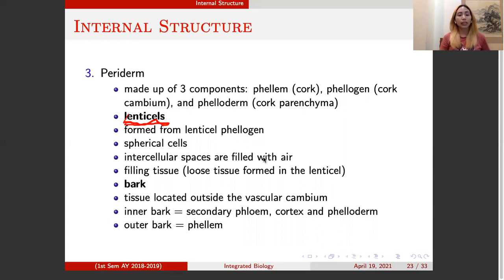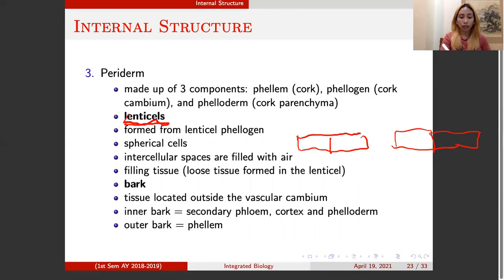So lenticels are basically formed, made up of spherical cells, and they form intercellular spaces. Okay, so pag nakita nyo sila from the outside, so if these are the cork cells, no, sa labas ng picture ko. These are cork cells. May makikita kayong mga spherical cells, right? Looking like this.